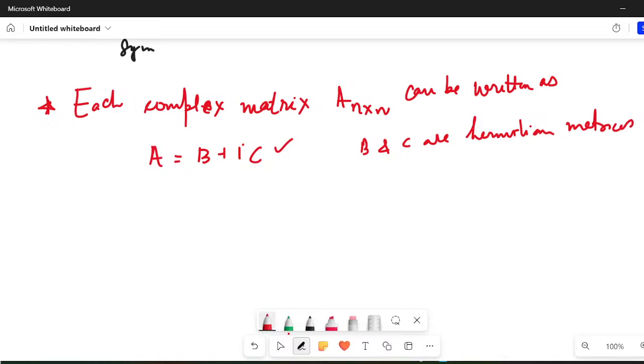Is that clear? Okay, chalo, let us move further. Sorry to have not seen that. Okay, so let us see. I'm just writing it here.